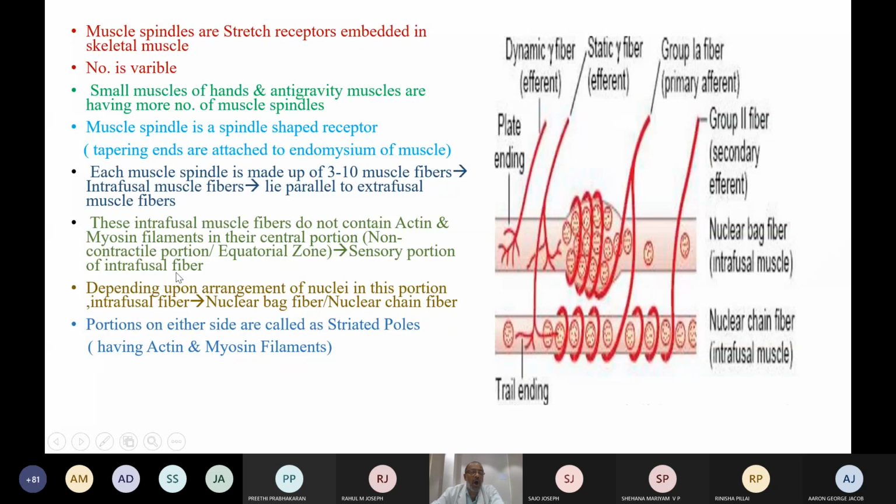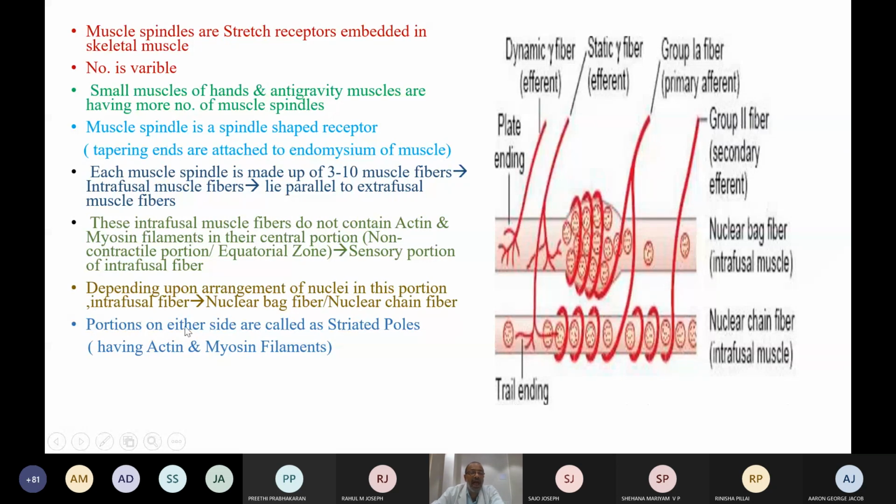Depending upon the arrangement of the nuclei in this portion, an intrafusal fiber can be a nuclear bag fiber or a nuclear chain fiber, depending upon the number of nuclei and their arrangement.